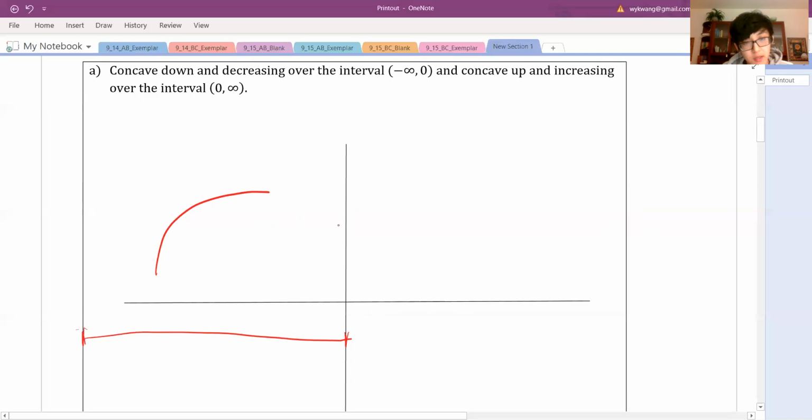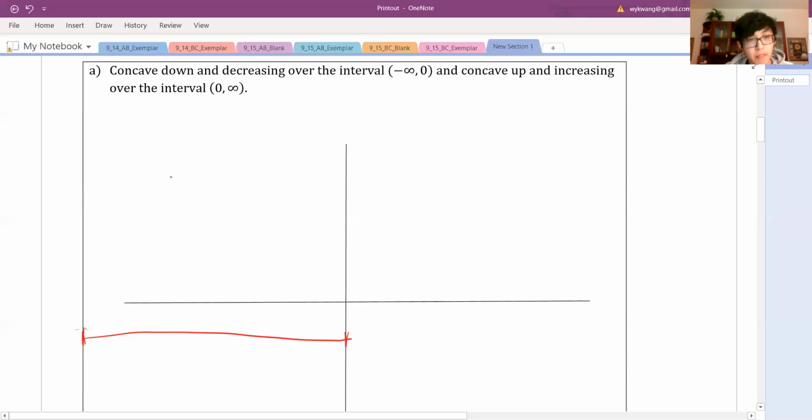Decreasing means that in general, it's going down, right? So this is an increasing function, and this would be a decreasing function. It's going down. Basically, we need to draw this shape, but going down. So it'd be like this, right?